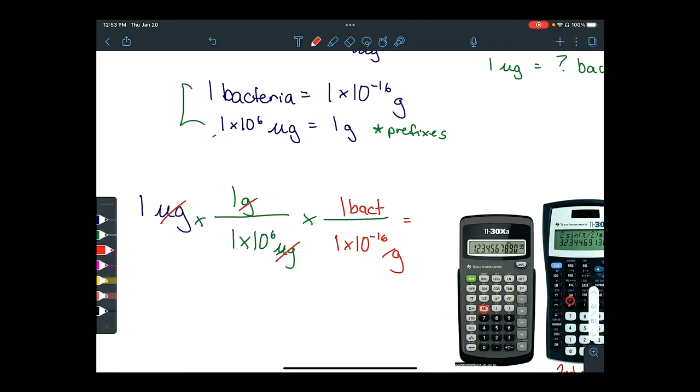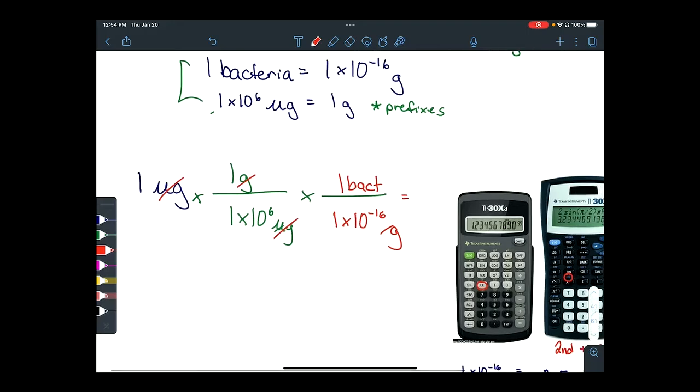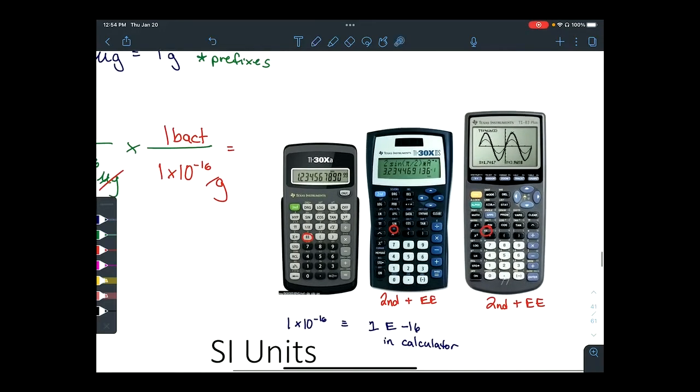I want to make sure that everyone uses their calculator and can get the answer here, because we're using scientific notation. In recitation 0, I walked you through using the exponential function on your calculator, the E button. The E button is right here, and I have it circled depending on what your calculator is.